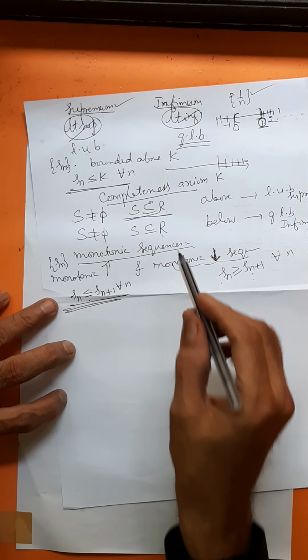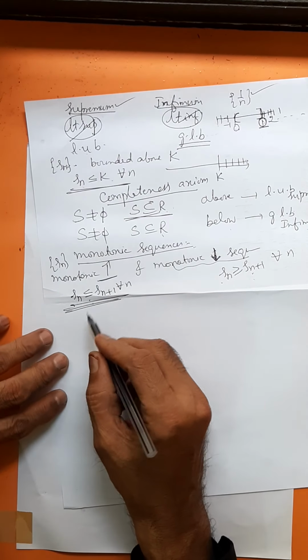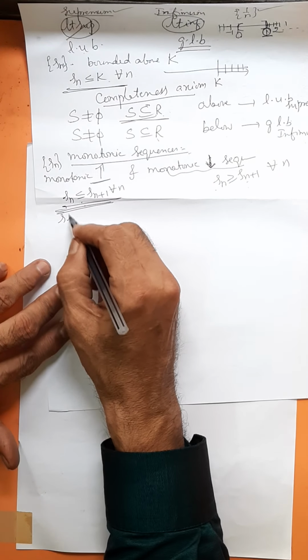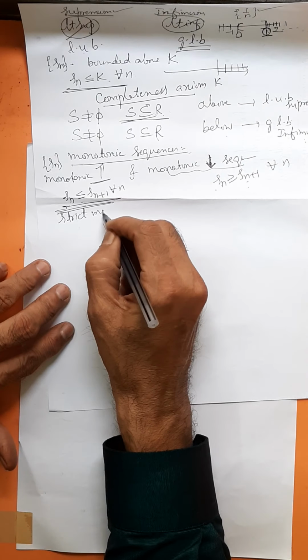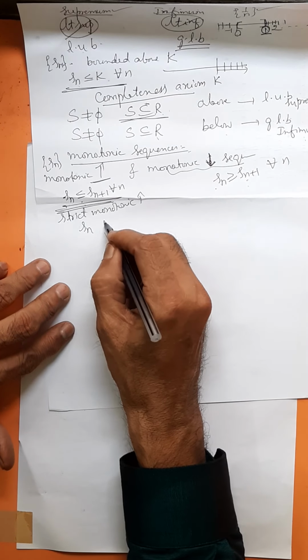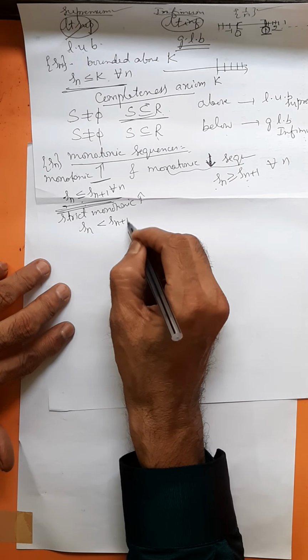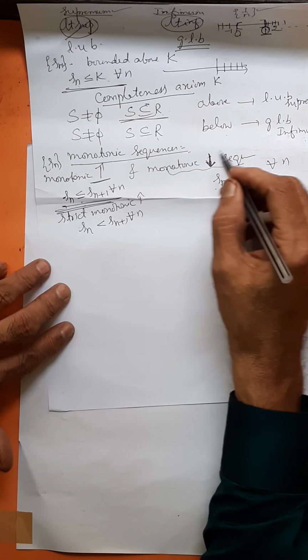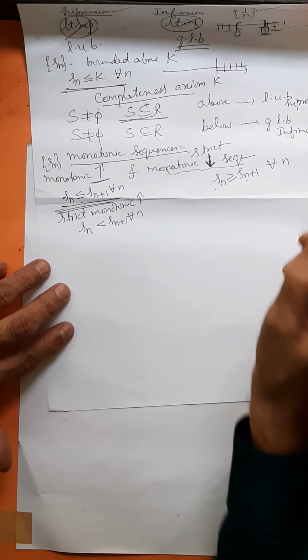A monotonic increasing sequence you can further define as strict monotonic increasing. Strict monotonic increasing: Sn is strictly less than Sn plus 1. What is strict monotonic decreasing?